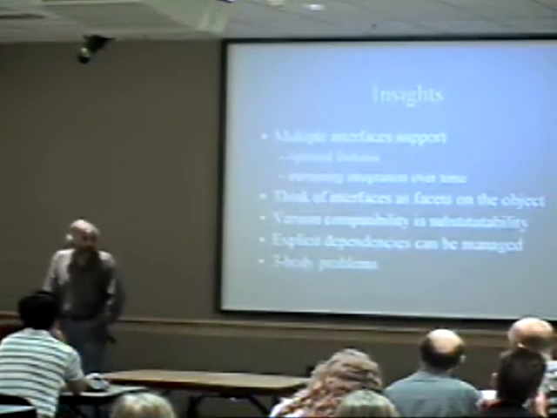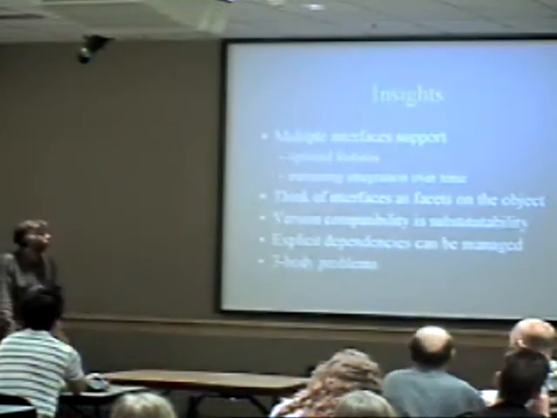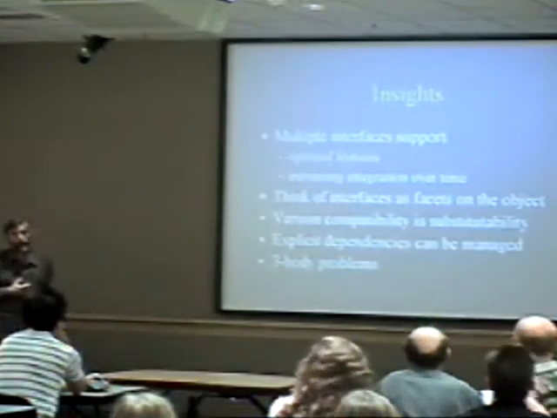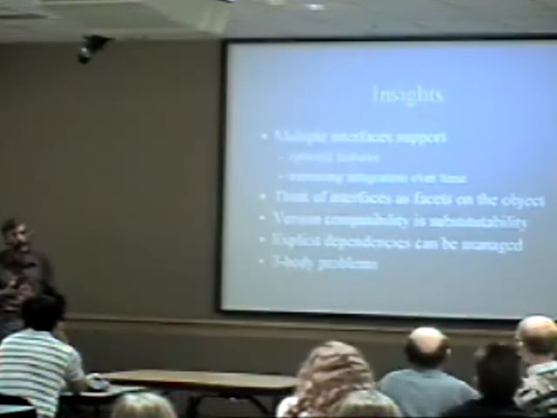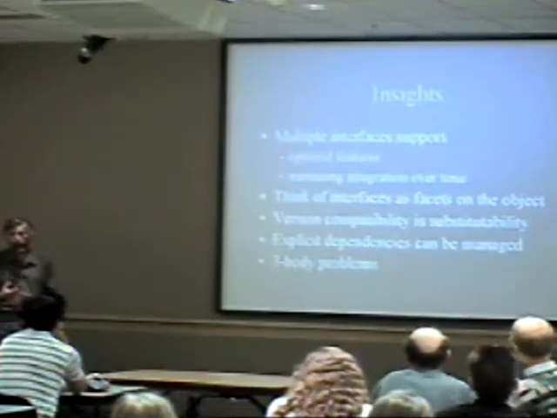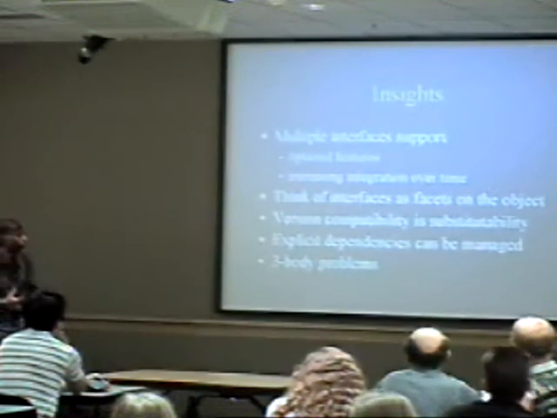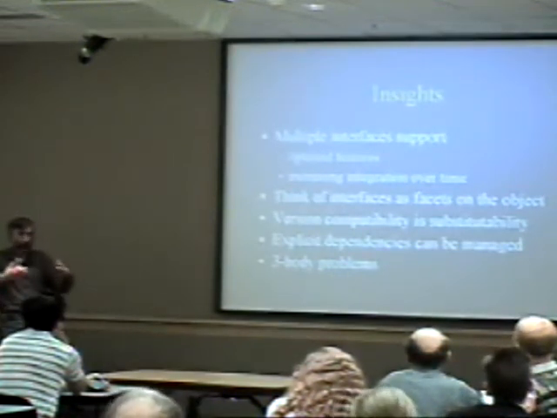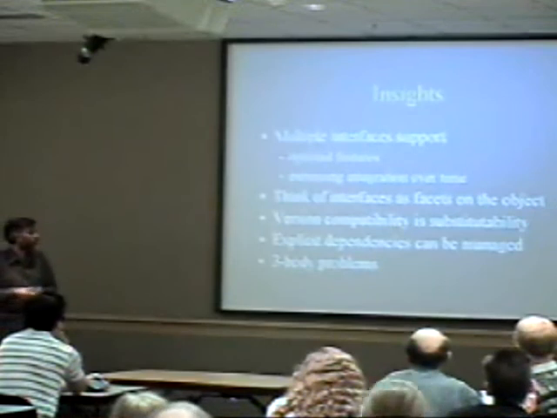So there are a number of things that we came up with, and clearly one was to actively exploit this notion of multiple interfaces on a single implementation. This allows us to support optional features in the implementations. It allows us to increase the set of interfaces and therefore the degree of integration over time.